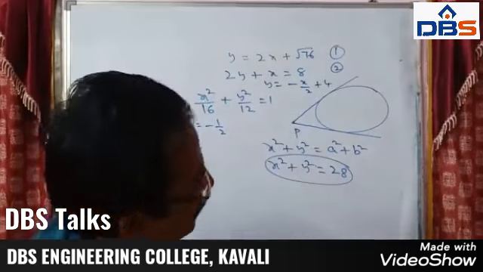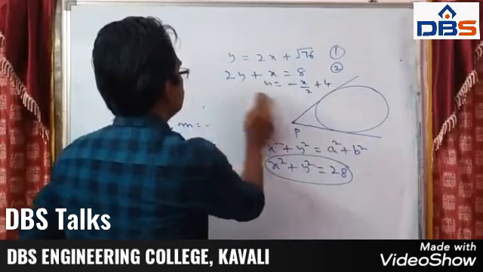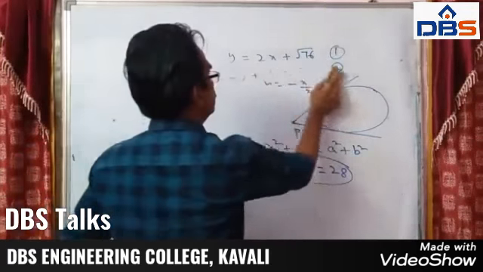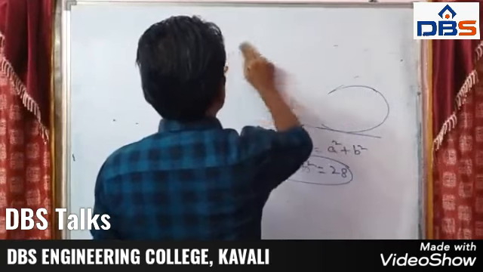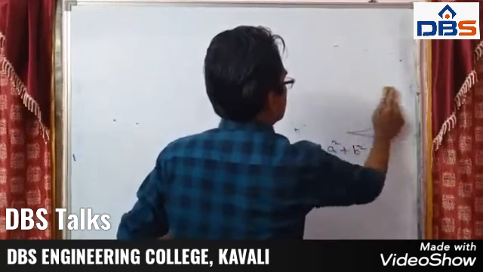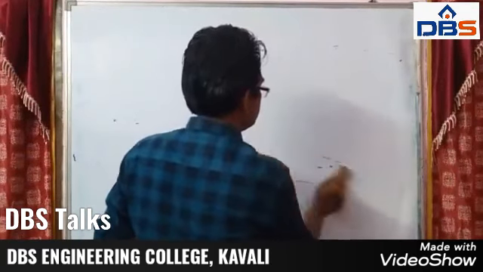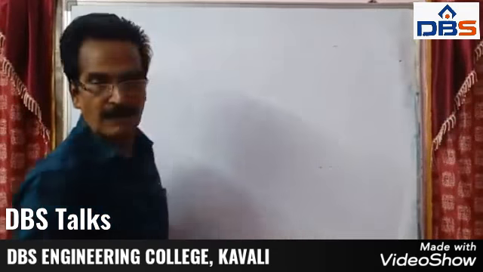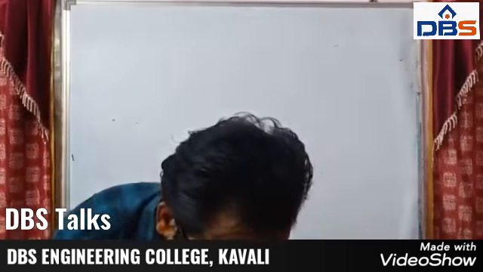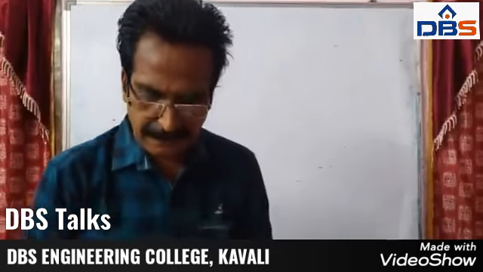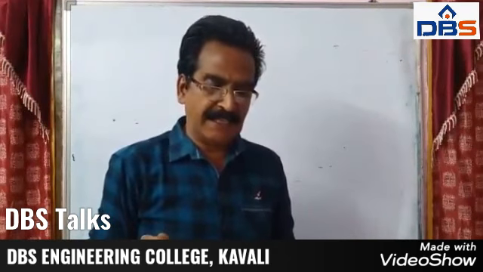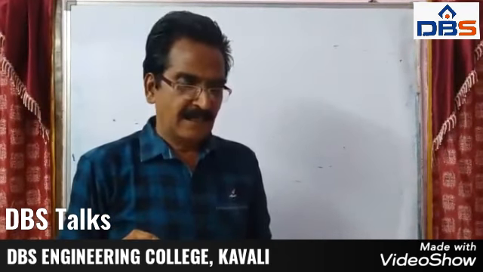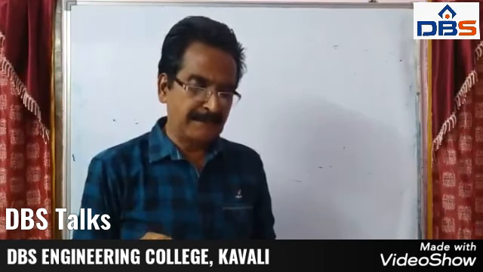Okay friends, let us see the next problem. Friends, the next problem is a small problem. Find the angle between the tangents drawn from the point (1, 2) to this ellipse.